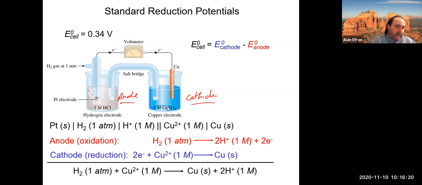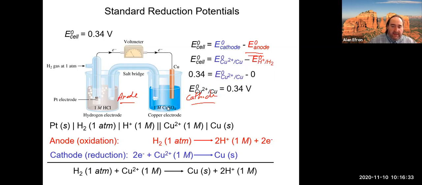In other cases, it may not work so well. So using our E of the cell as our cathode minus our anode, again here, our hydrogen is our anode in this particular case. So that's going to give us 0 and tell us that the SRP value for copper is 0.34 volts. And again, the half reaction for that would be this guy here, the half reaction that goes with that value.